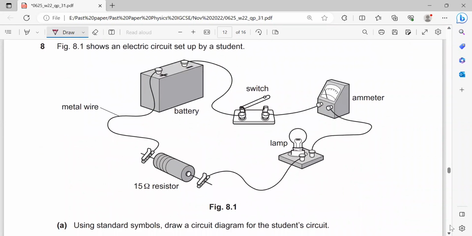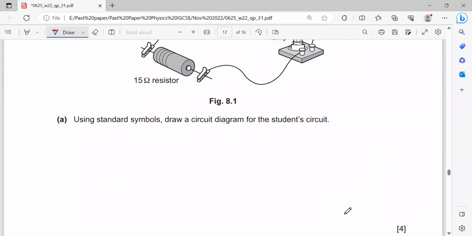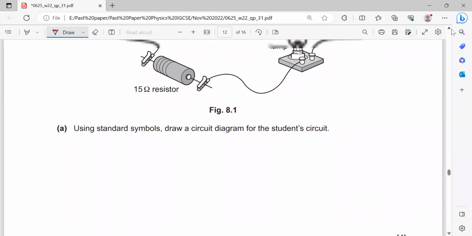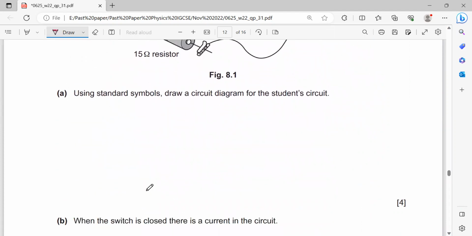Number 8. Figure 8.1 shows an electric circuit set up by a student. Using standard symbols, draw a circuit diagram for the student's circuit. So we're going to draw the circuit. First the battery, with the battery symbol like this.